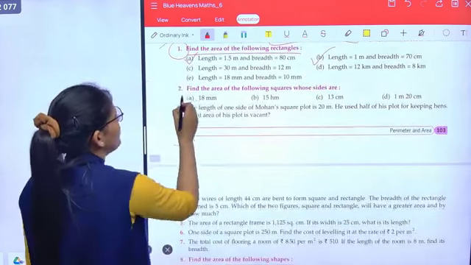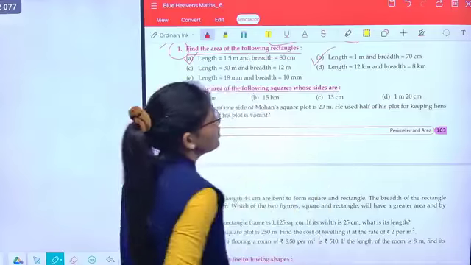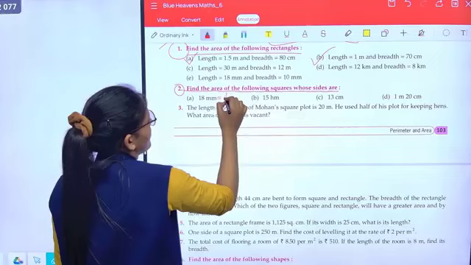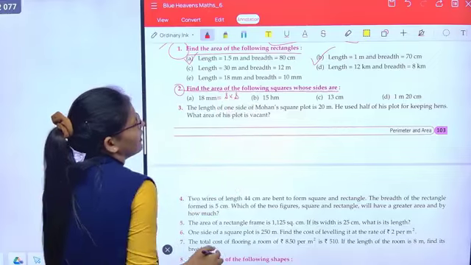Come on, question number 2. Find the area of the four squares. Now square. Class, for square what do we do? Side multiply by side. Now class, 18.